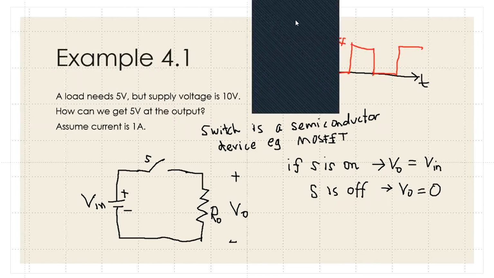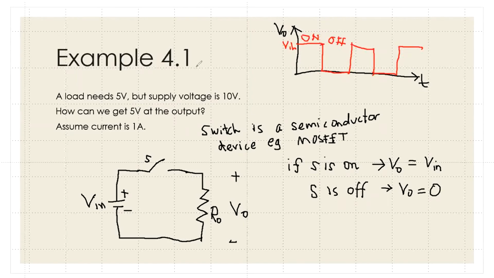Okay, if we take the average of this waveform, assuming that the time for on and off is the same, the duration is the same, the average of this will be the output voltage that we will receive at the end, at the load.